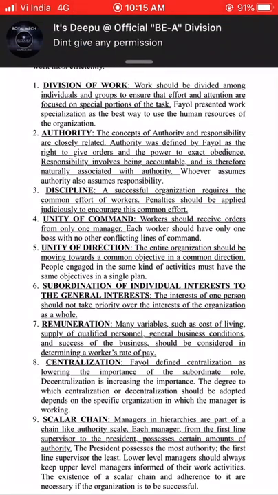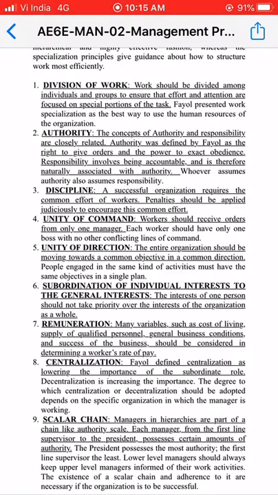It means the work should be divided among individuals to ensure the effort and attention given by each individual. If we need to check the performance of an individual, we need to divide the work among the individuals so that we can check their performance. Then next is what? The second is authority.